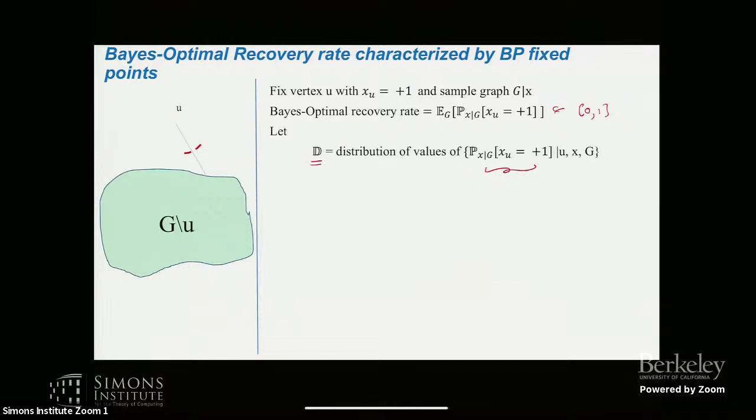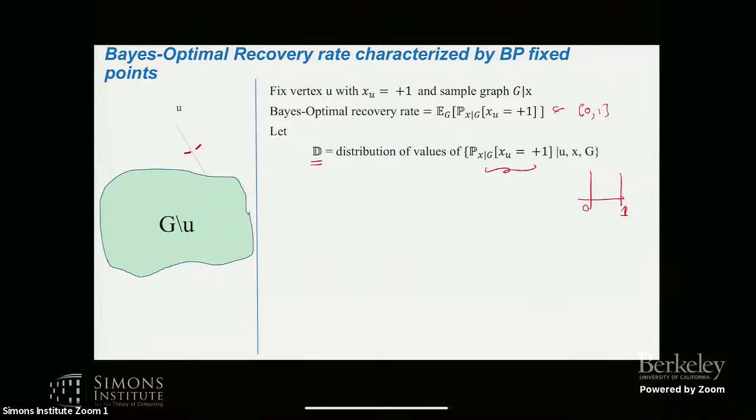Let D be the distribution of values of this. So D is a distribution over [0,1], which says, each time you do this experiment, what is the probability that x_u equals +1.